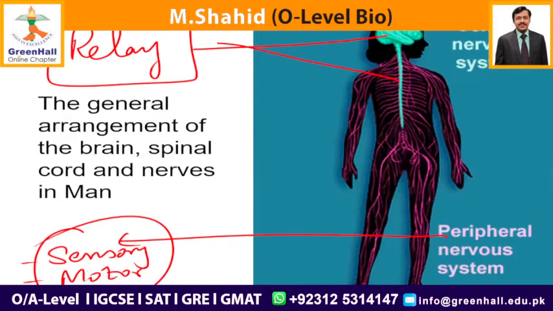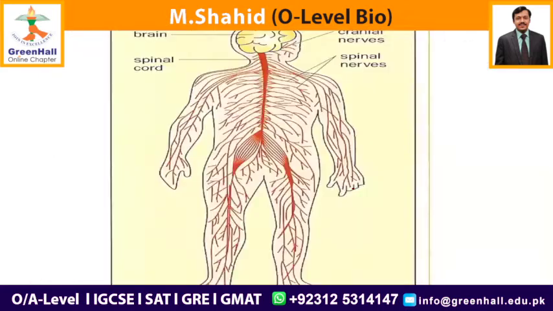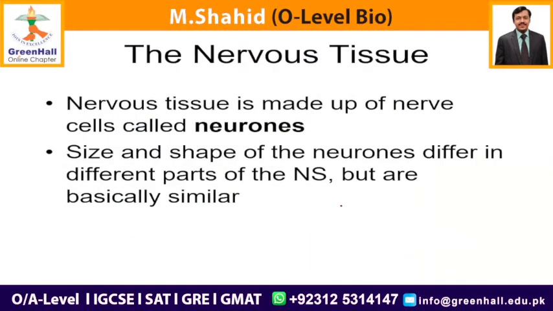Bringing of information or carrying of an order is done by the sensory and motor neurons, where interpretation is done by the relay neurons, which make up your brain. As we already said, nervous tissue is made up of specialized cells, which you call neurons.